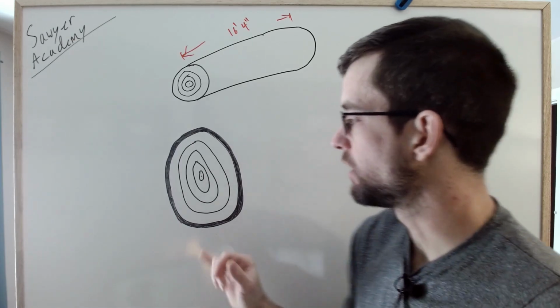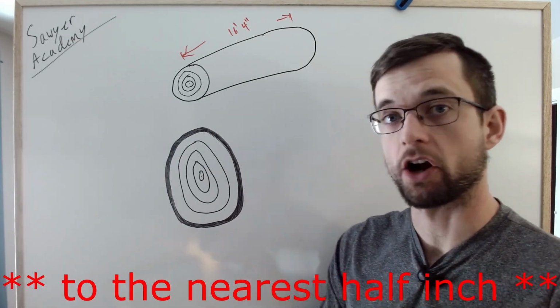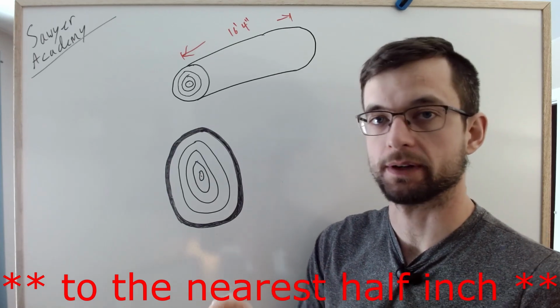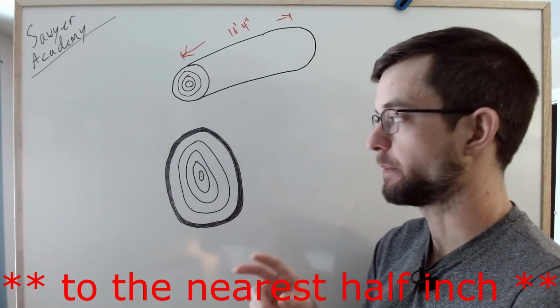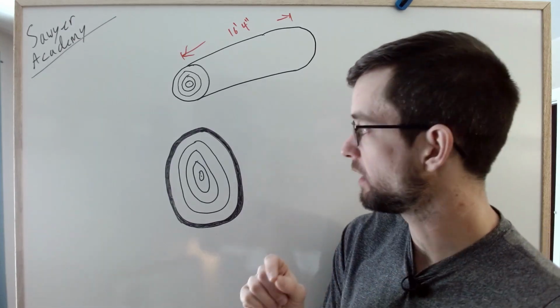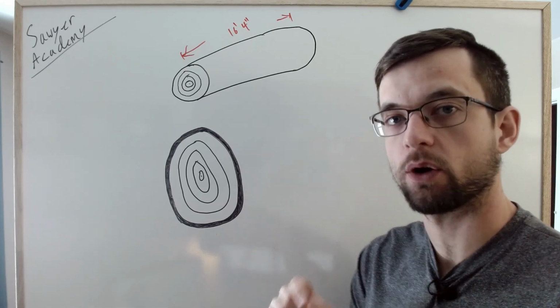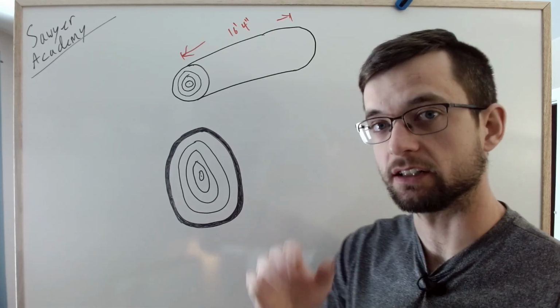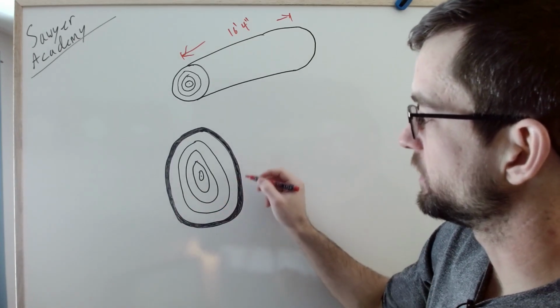How we're going to scale the log is we're going to take 2 measurements inside the bark of the log, so the bark doesn't count towards the measurement. We're going to take 2 measurements at 90 degrees from each other. As well, we're going to try to take the widest and the narrowest point of the log while still taking 2 measurements at 90 degrees. So this log in this example is kind of ovular.